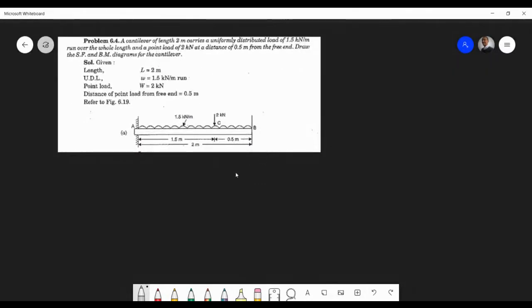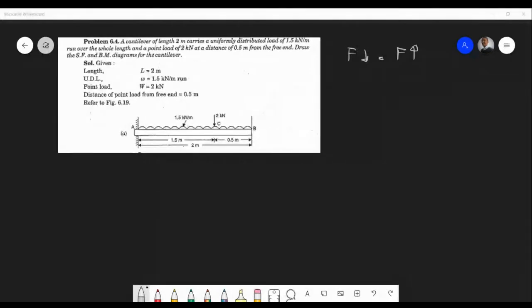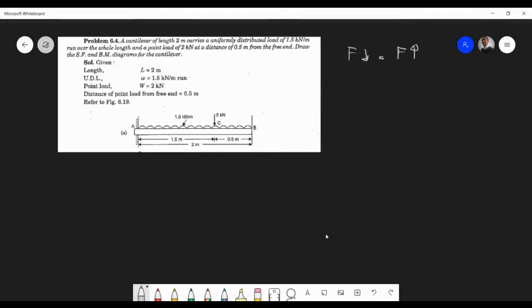Forces up equals forces down. What is acting downwards? 1.5 times 2 plus 2.